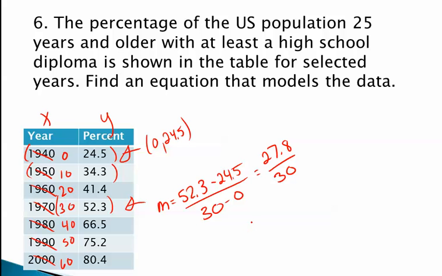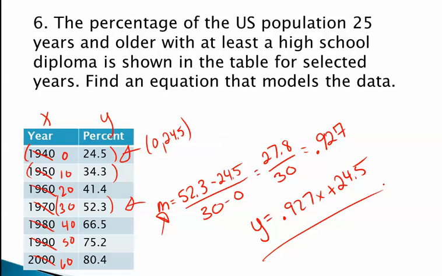And then I can plug this into my equation. y equals, and we'll round that, 0.927x plus 24.5. Now, if you chose any other points, your slope will be a little different because these are not collinear points, but it should be approximately the same thing.